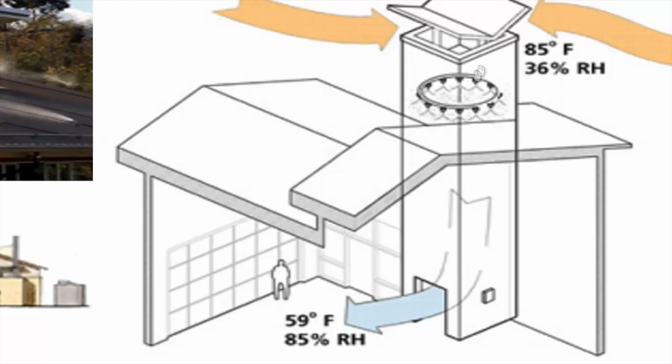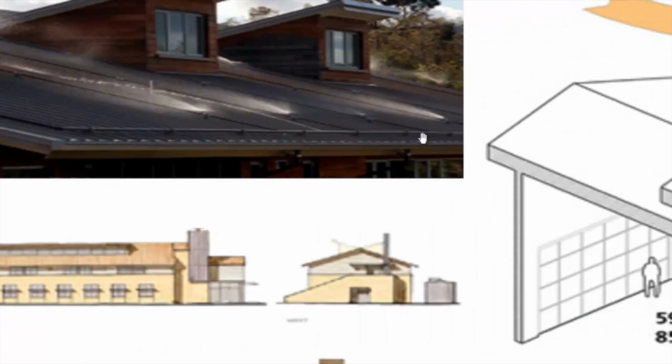So, warm air enters in, it is sprayed here with sprayers to enhance its humidity, and the air comes down along with the water particles, making it very humid, and then it comforts this place.